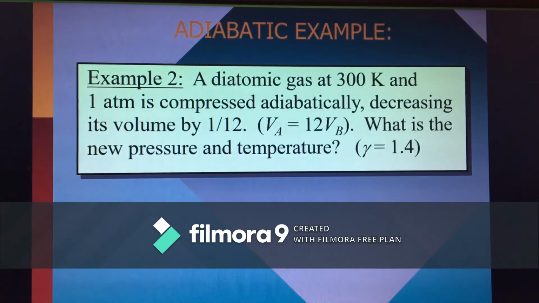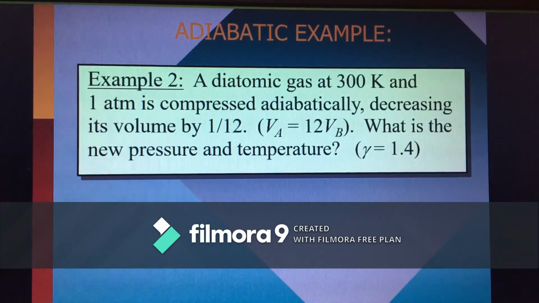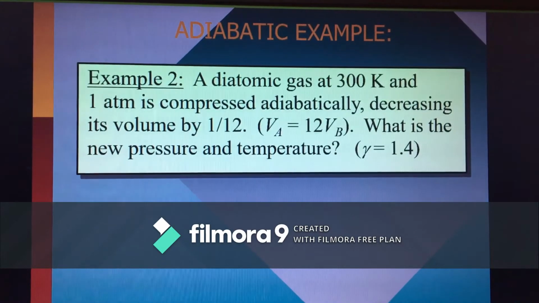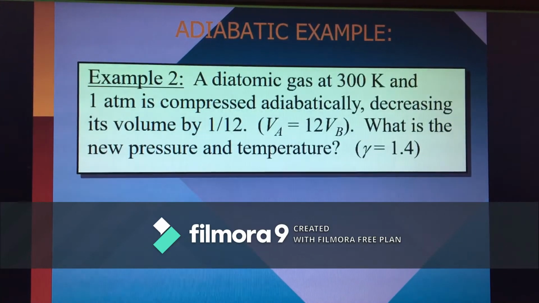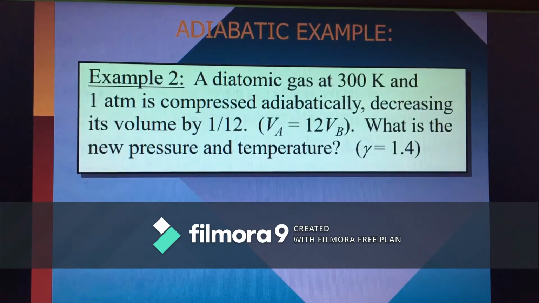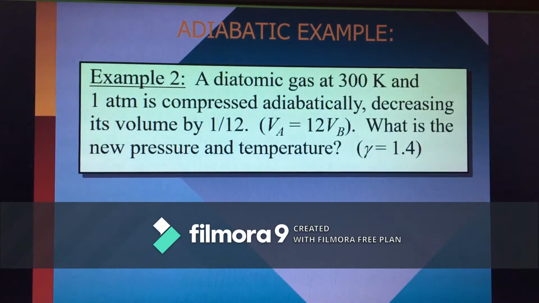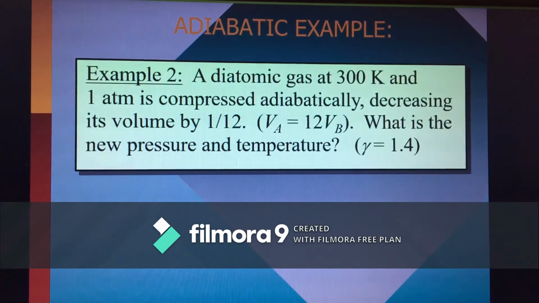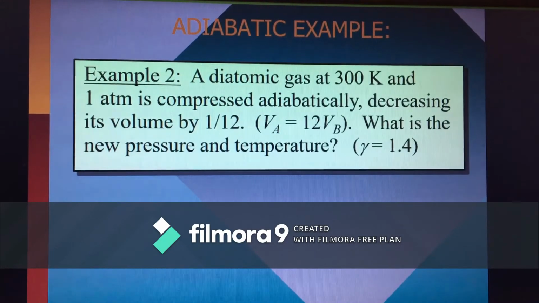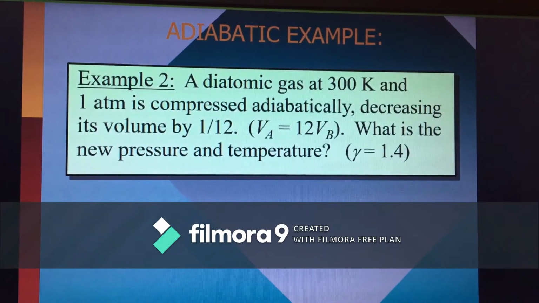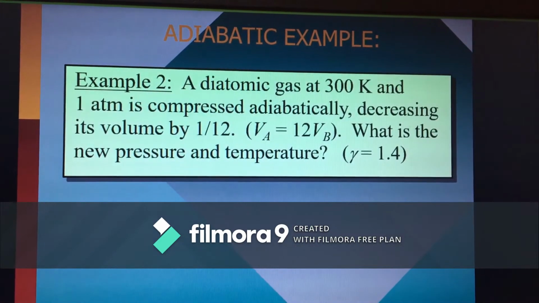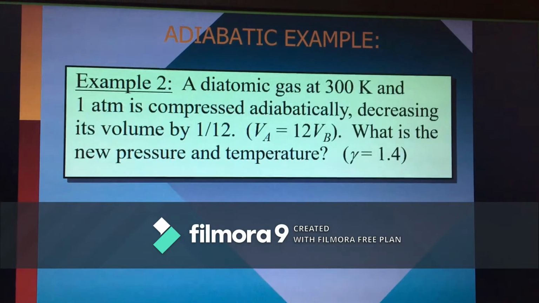So ibig sabihin, class, ang relationship ng volumes from initial volume to final volume, we have VA equal to 12 VB, meaning the volume at A is equal to 12 times the volume at B. So the question now is, what is the new pressure and temperature? So the gamma there is given as 1.4.